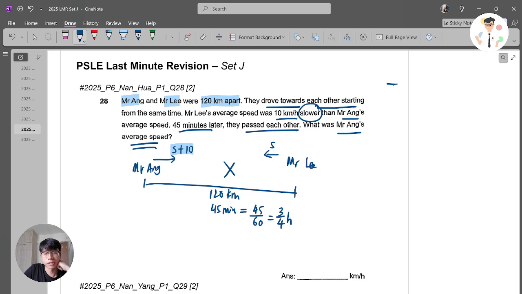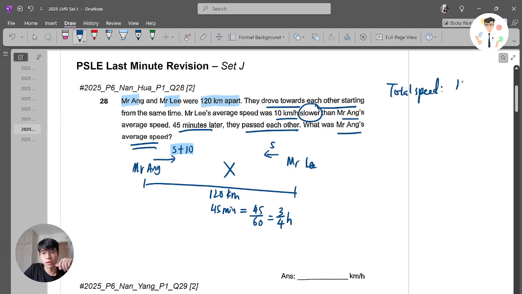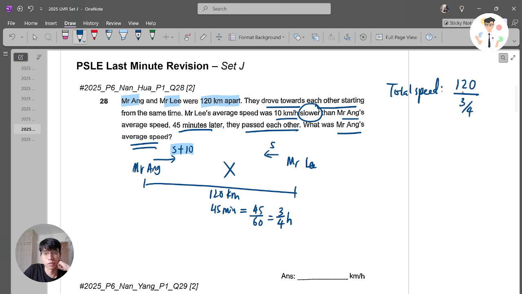So what is the total speed of both of them, Mr. Ang and Mr. Lee? 120 divide by 3 out of 4. And of course, if this is confusing to you, just 120 divide 3 out of 4. And if you want to divide this, we must remember the concept of KCF.